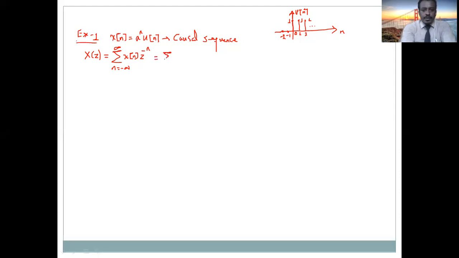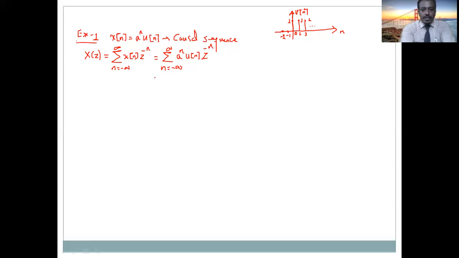So what is x of n? x of n is a raised to the power of n, u of n. This is our sequence. So x of n multiplied by z to the power of minus n.